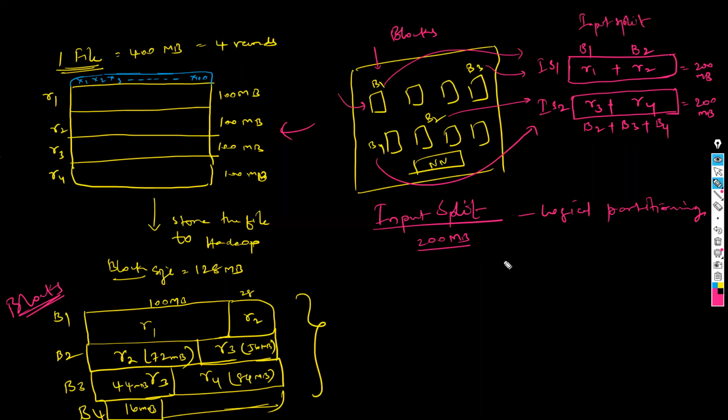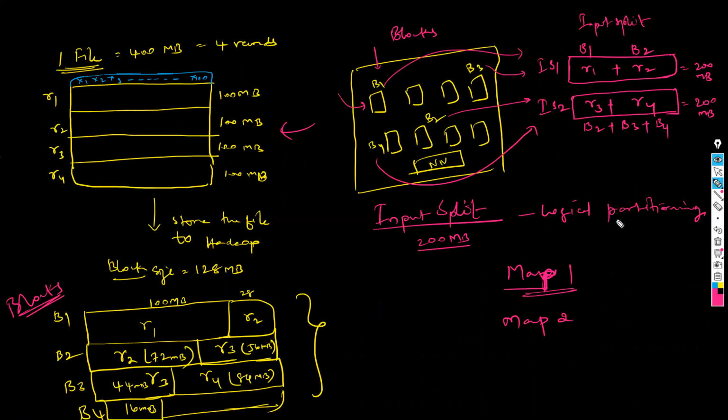Now on input split 1, we run a map task. So how many splits do I have? 2. So I will have 2 map jobs which run independently on these input split files. Now I have record 1 and record 2 as full records, all the 100 features here.